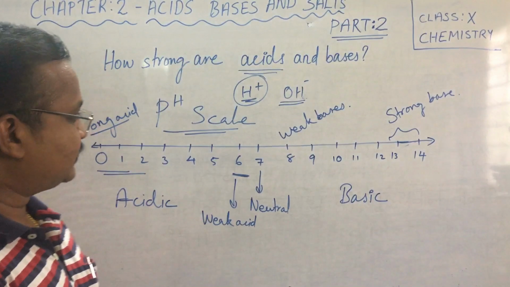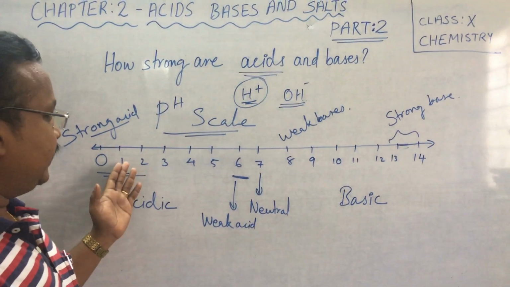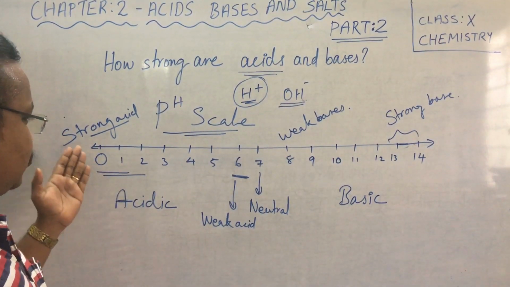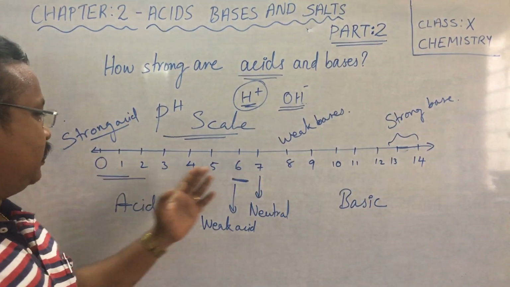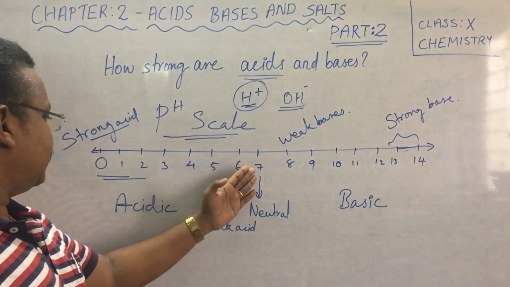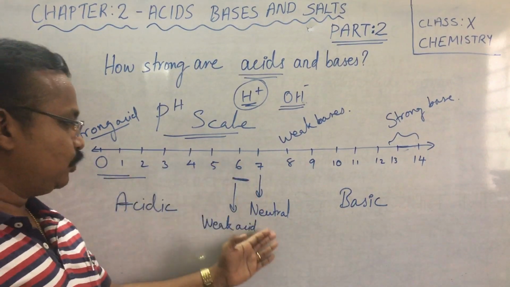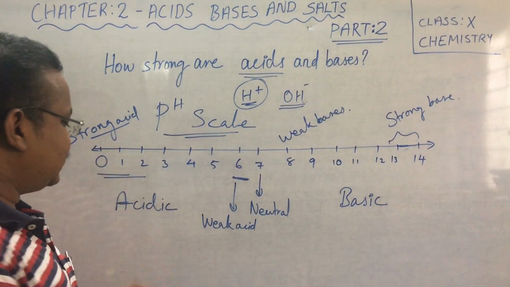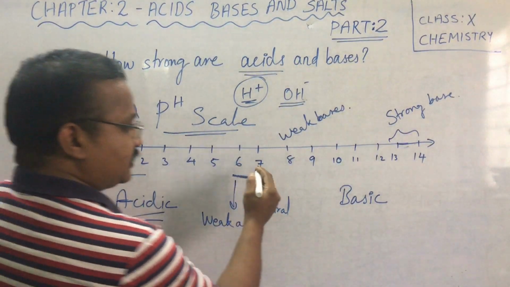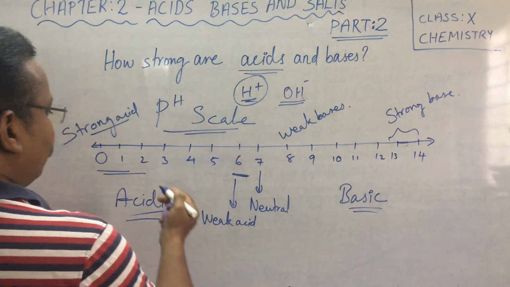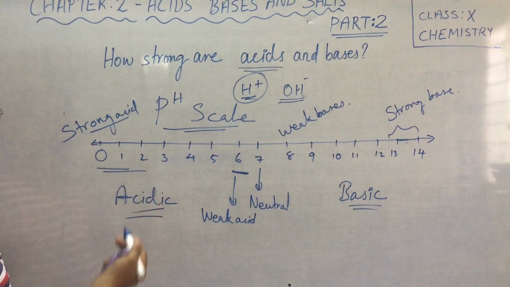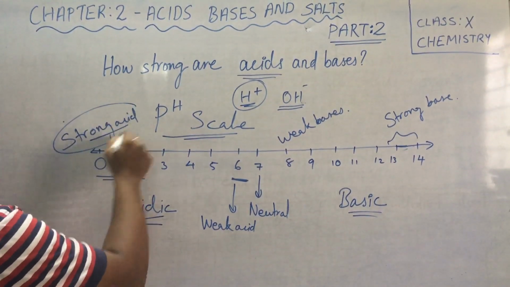So let me repeat once again. A pH scale has values from 0 to 14. 7 is neutral, below 7 it is acidic in nature, and if it is more than 7, it is basic in nature. And if the value comes as 0, 1, or 2, then we can say it is a strong acid.